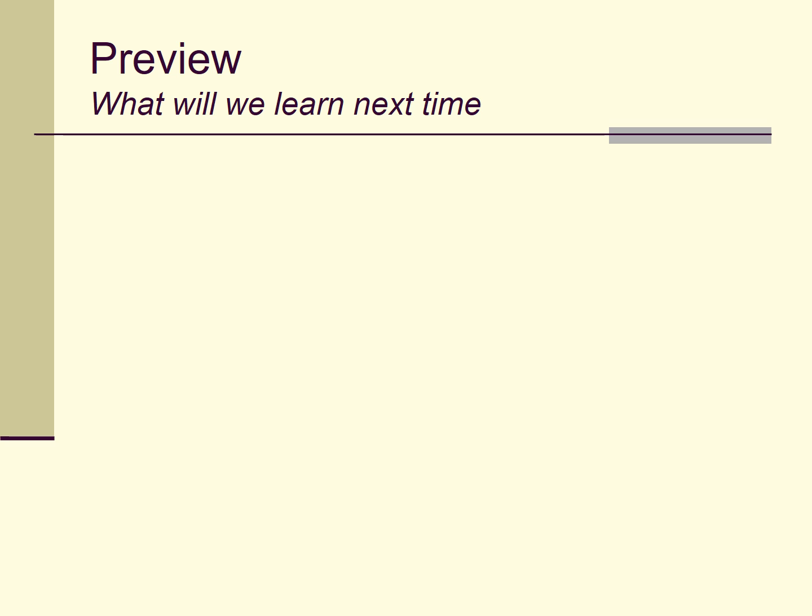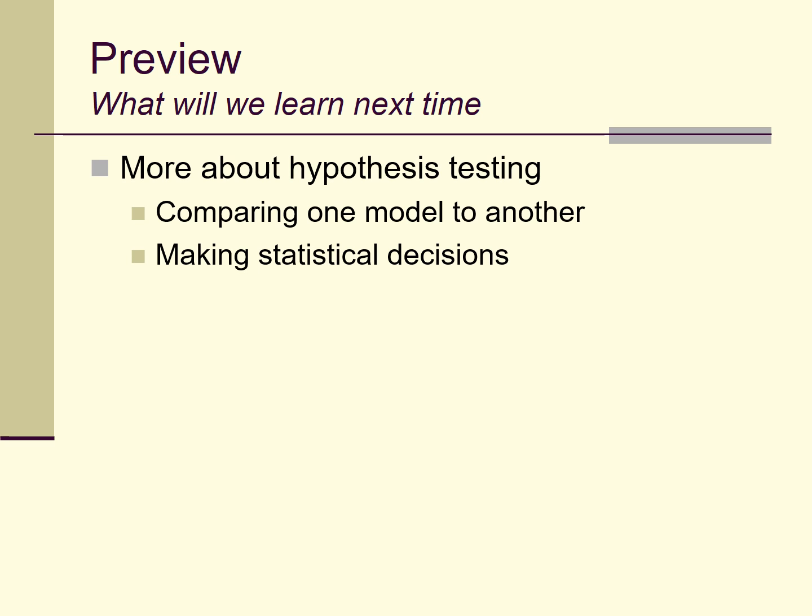If that still seems a little bit unclear to you, don't worry, because in the next lecture I'll talk some more about hypothesis testing, particularly hypothesis testing from the perspective of model comparisons, where we're comparing one model of the data to another model of the data and trying to decide which one we think fits the data better. And this kind of leads me more broadly to this discussion of making statistical decisions, which I'll start in that lecture and continue in future lectures.